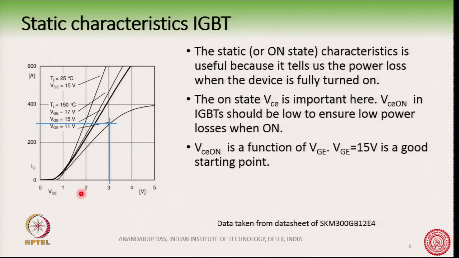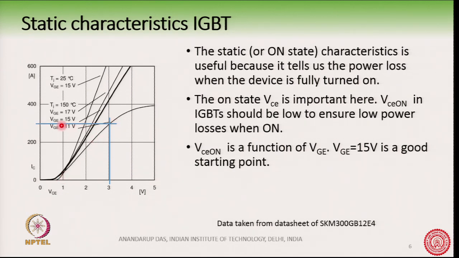And so, this gives us a clue that VGE should be sufficiently high, so that the VCE on should be low when the device is fully turned on, because we want to reduce the losses. Here you can see two examples I have taken.